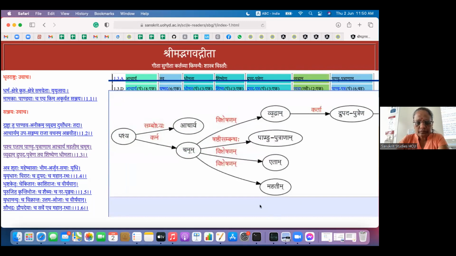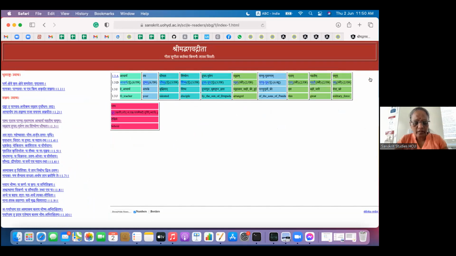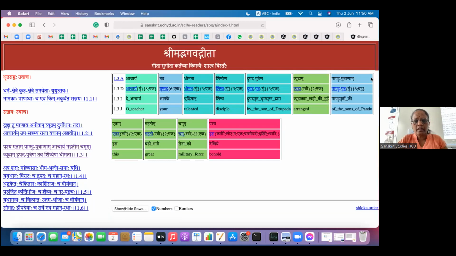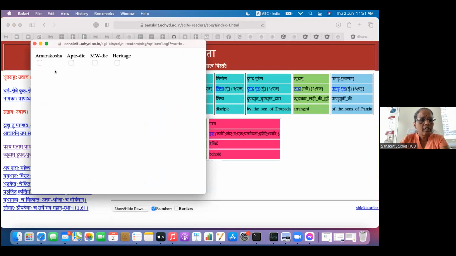Also, you have access to various dictionaries. So for example, I want to understand what is Dhimat. Then I have here 4 dictionaries: Amarkosha, Apte's dictionary, which is Sanskrit to Hindi, Monier-Williams dictionary, which is Sanskrit to English, and Heritage, which is Sanskrit to French.